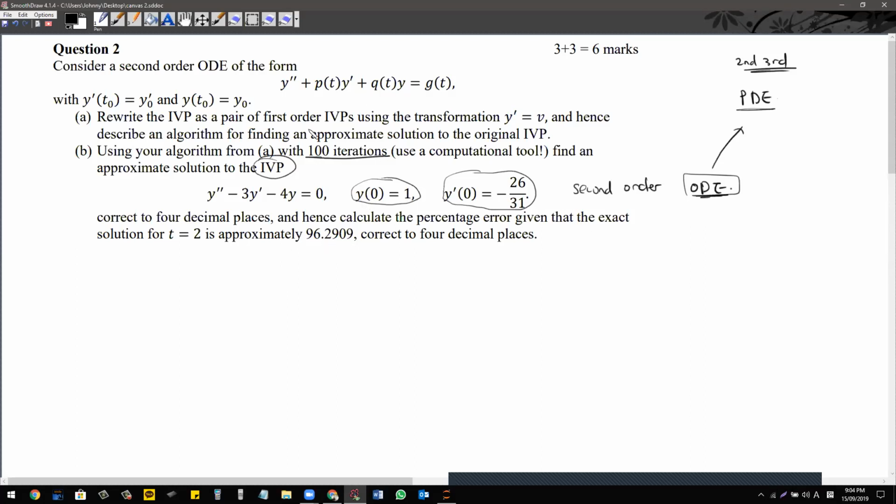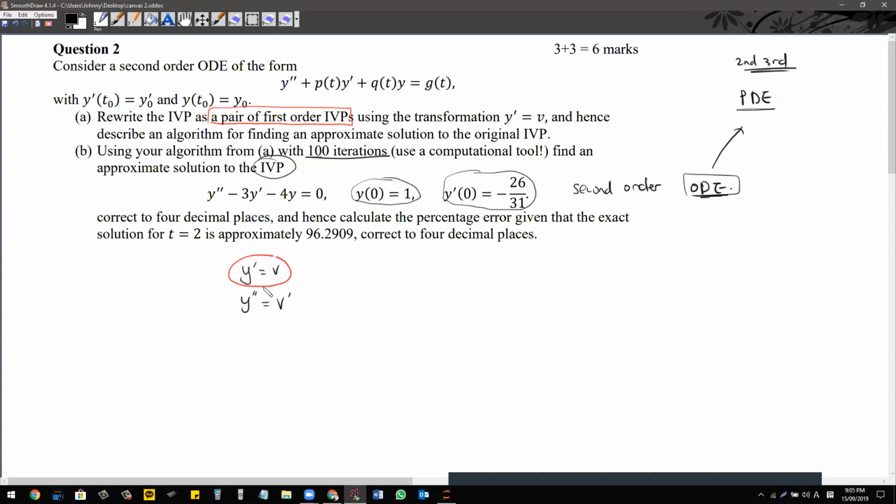So what we want to do is come up with the substitution. So y dash equals v. If we do that, then y double dash is v dash, right? So that's our first equation. You guys still with me? Yeah. So that substitution is what they're looking for. They're looking for a pair of first order initial value problems.